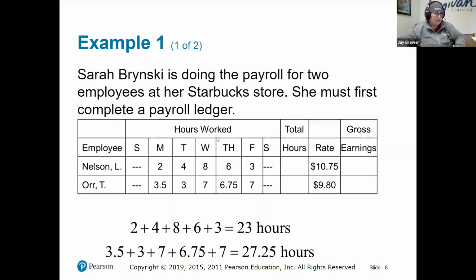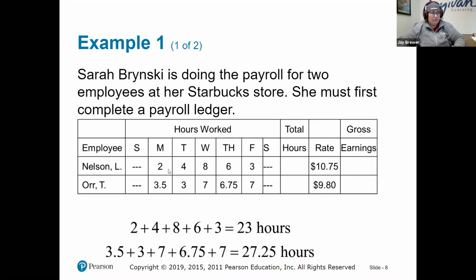So slightly similar. Sorry, let's take a look at this example. It says Sarah is doing the payroll for 2 employees at her Starbucks store. She must first complete a payroll ledger. Okay, so obviously, if you're paying people, it's coming out of the business money, and you have to have a record of that.